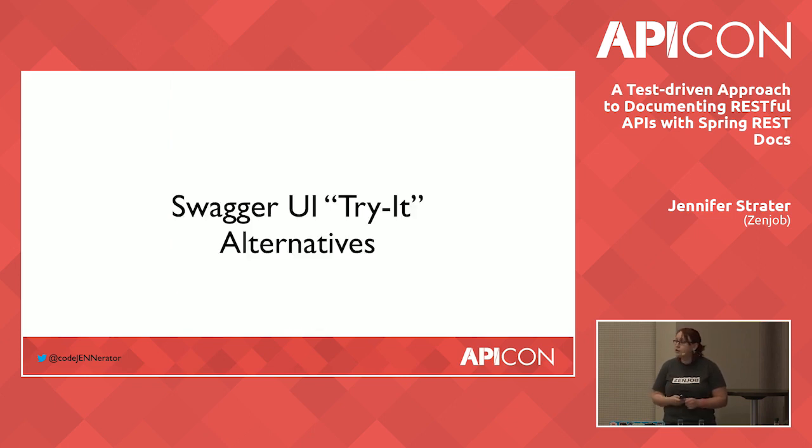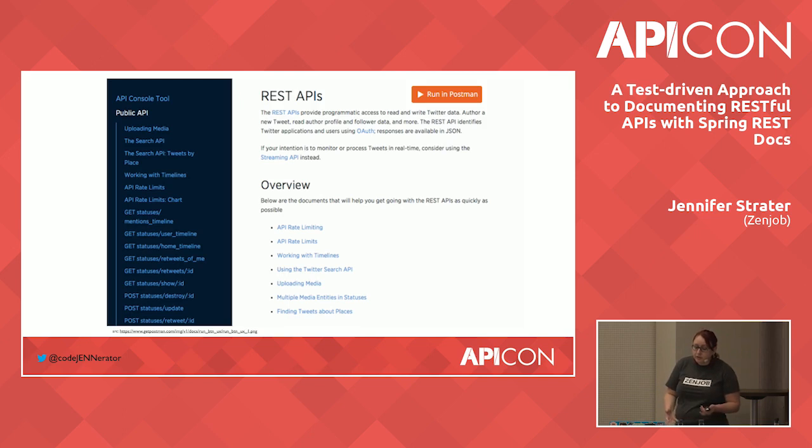But there are some alternatives. So if you really like this try it feature of Swagger UI, you can, of course, use Postman too. Postman is actually a product that we use at our company right now. We haven't hooked it into Spring Rest Docs yet, but it's really nice for getting some examples. You can save those.